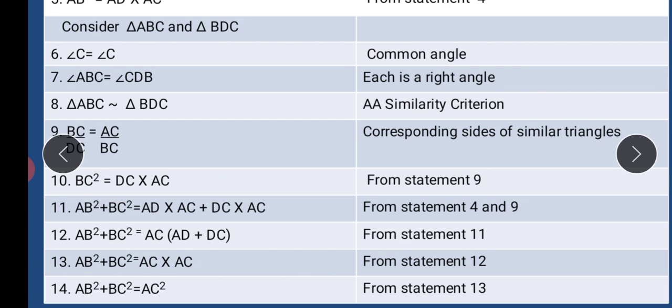We are adding the two segments, so AD plus DC. We get AC into AC is equal to AC square. Just one slide correction. You can copy from this slide, but please do a correction in statement number 11. The reason is not 4 and 9, but it is 5 and 10.